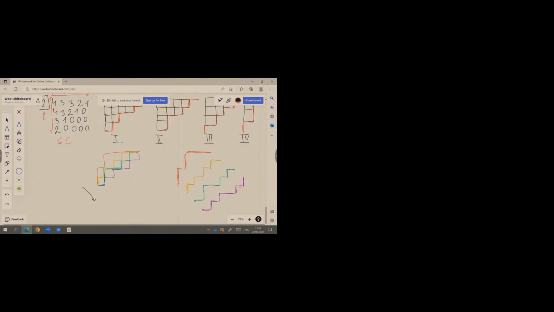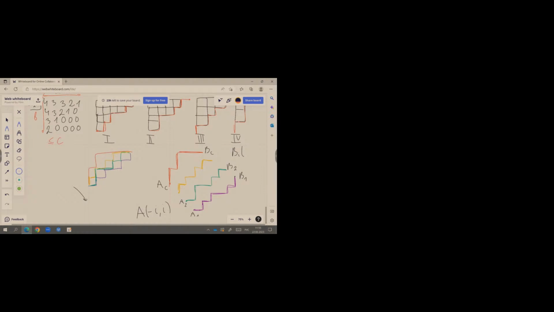So our starting points will be A1, A2, and so on, with coordinates minus i, i, and ending points will be the B's with coordinates, so these guys go B steps up and A steps to the right. Oh, I have not finished them. Up to here and here up to here. Now it is good.